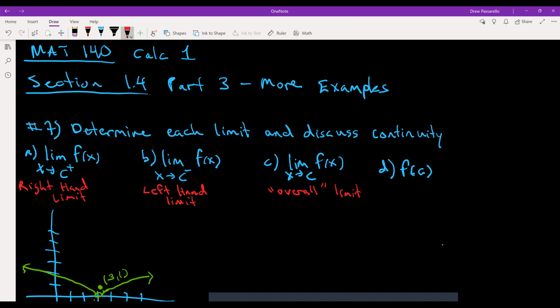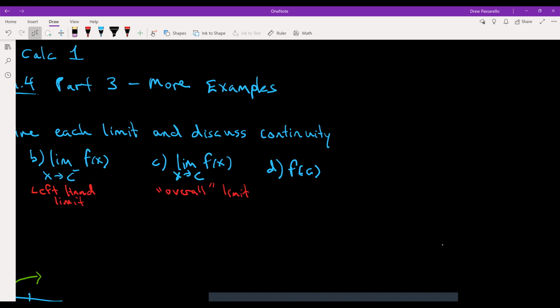And then part D is not a limit, it's just evaluating the function at c. So this is finding what f of c is on the graph.